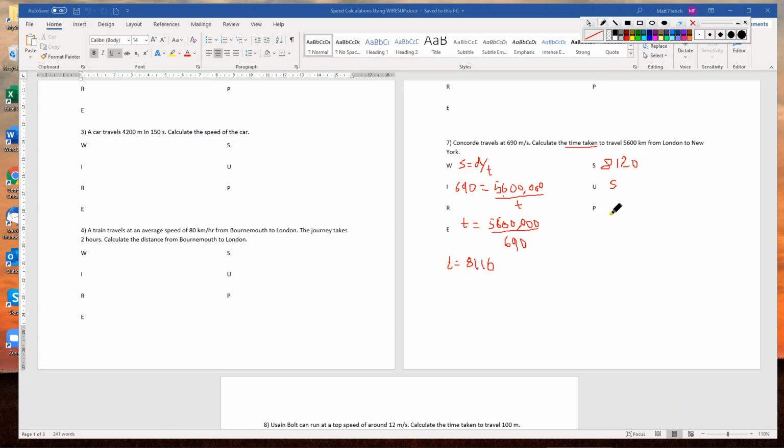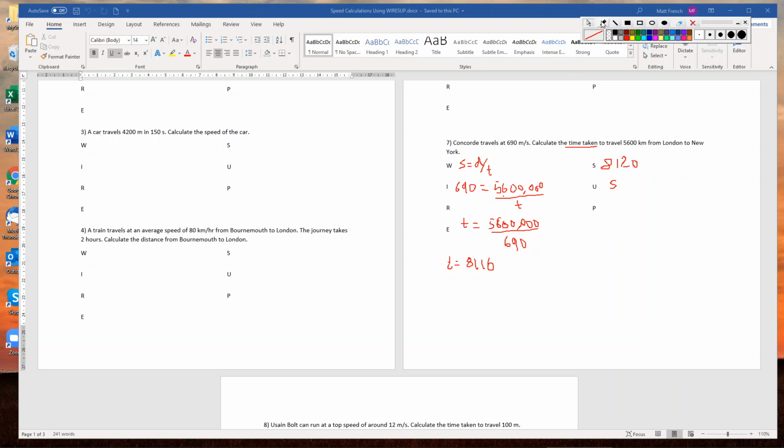Is that plausible? Well, we probably want to do a quick check. We could divide it by the number of seconds in an hour. We could divide it by 60 and then divide it by 60 again. And we get 2.25. Yeah, that's plausible, I suppose. I think the world record for Concorde travelling from New York to London is 2 hours 52 minutes.